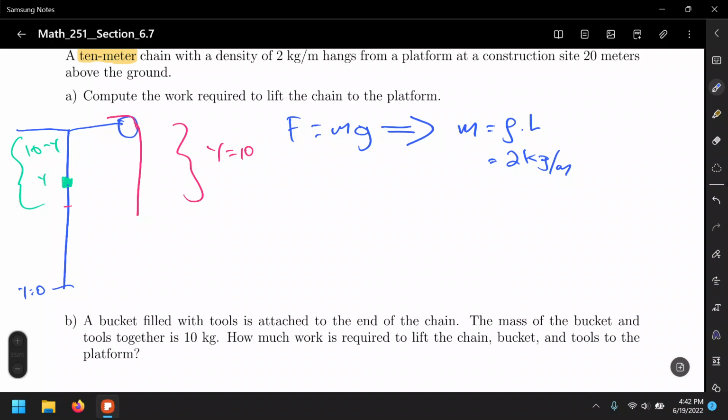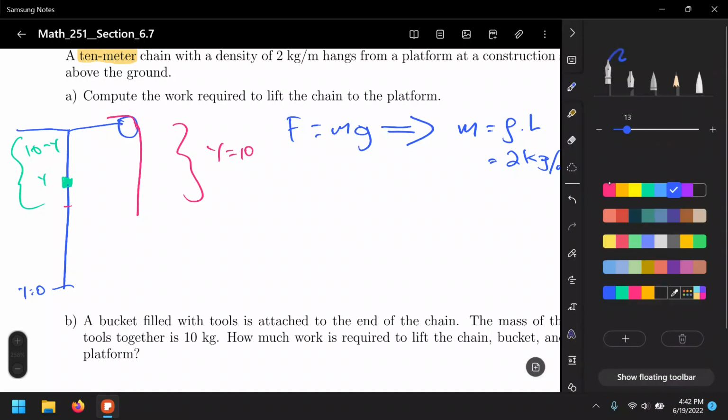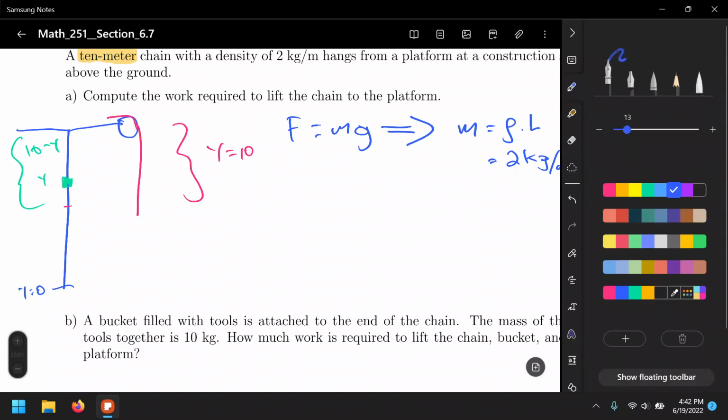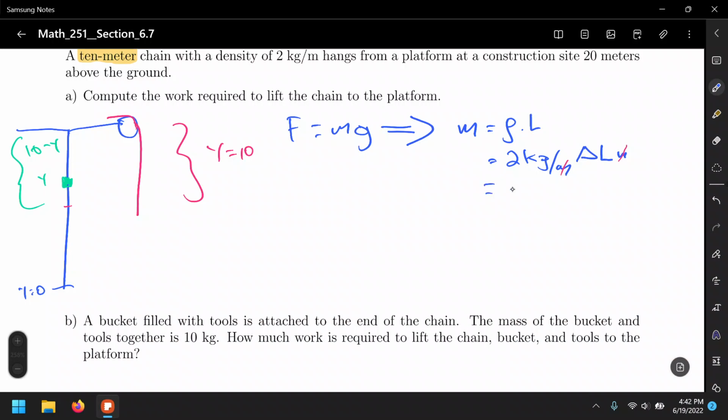And what else are we given? The length, which in this case is just some delta L, in meters. Notice how we can cancel meters with meters, and this will be 2 delta y kilograms. You'll see about the units in a minute.